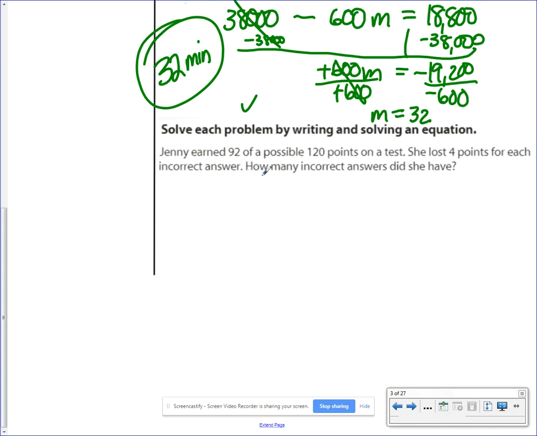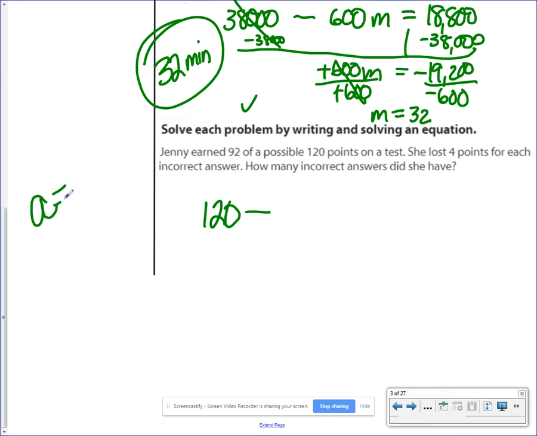Jenny earned 92 out of 120 points on her test. She lost 4 points for each incorrect answer. How many incorrect answers did she have? So the test started with 120 points. She lost a certain number of points because of incorrect answers. How many incorrect answers?